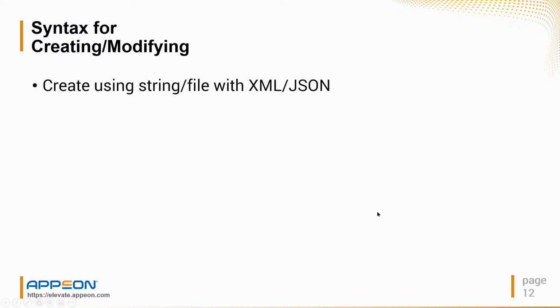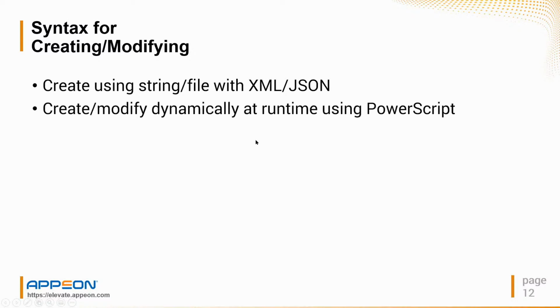So the syntax that you're going to use to create the RibbonBar control can be put in either XML or in JSON. Normally when you're editing it, if you're going to edit it using the RibbonBar designer, it generates XML syntax, but there's an option to take that XML syntax and then convert it into JSON if you want. You can create and modify the RibbonBar control dynamically through PowerScript.